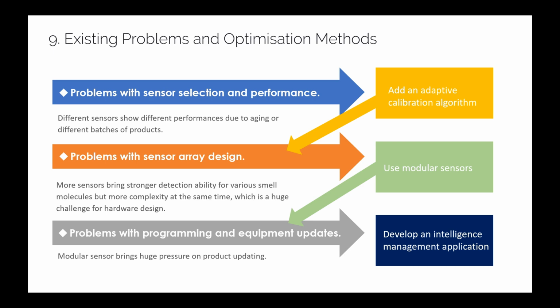Now we come to the second problem, the sensor array design. More sensors bring stronger detection ability for very small molecules, but more complexity at the same time. So it's a challenge for us, and we want to use modular sensors to try to solve this problem.